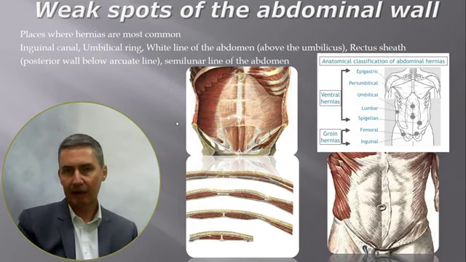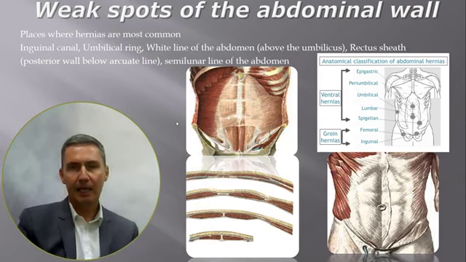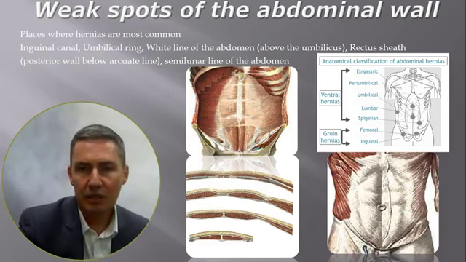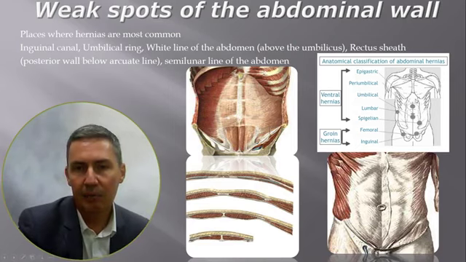What is a hernia? A hernia is the protrusion of the internal organs with the peritoneal covering into the subskin layer. Depending on the location, we can talk about hernias of the linea alba, represented by the epigastric hernia, umbilical hernia, and periumbilical hernia.